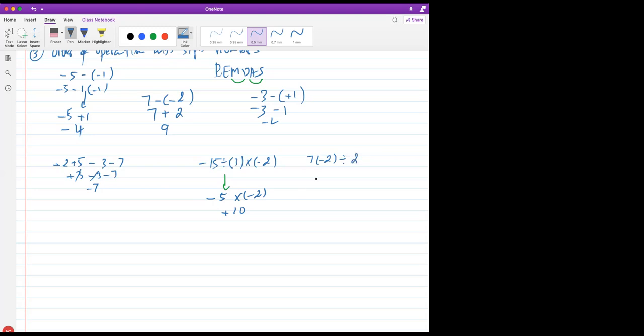All right, so what do we do first here? What do we evaluate first? Multiplication. That's right, so multiplication, division, again, left to right. Whichever appears first is done first. This will be -14. Very good. And divided by 2, that is -7. Nice.